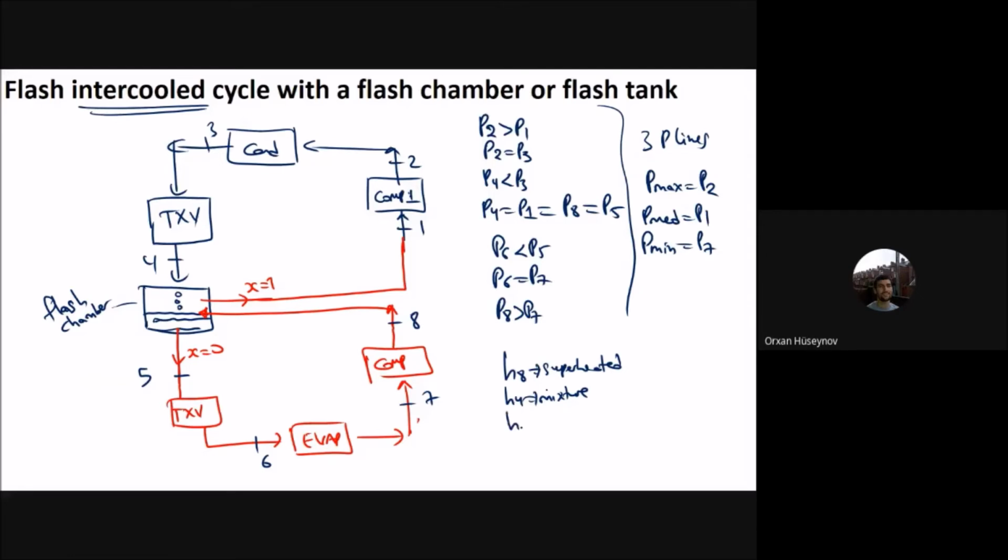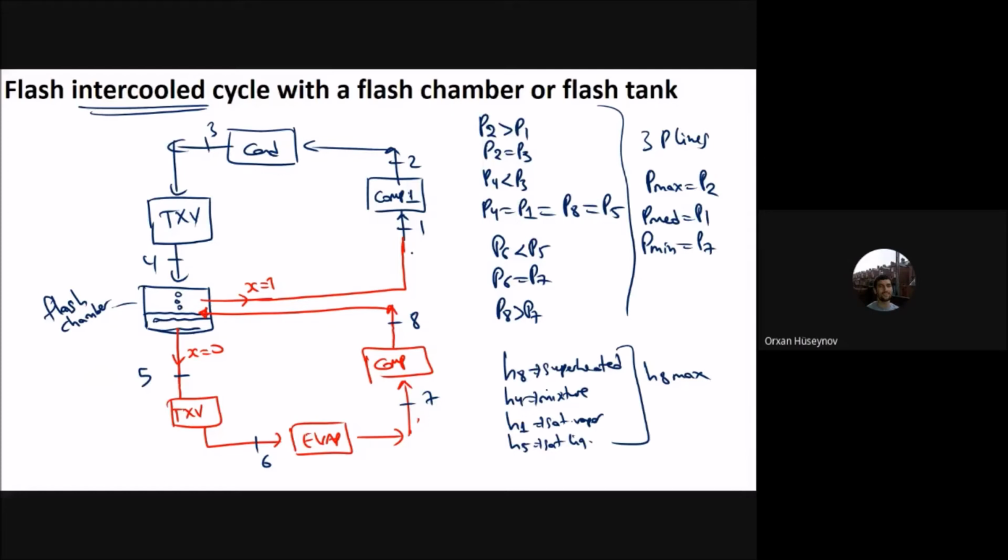H4 and H1 are saturated vapor, and H5 is saturated liquid. For these, H8 is the maximum. This one has the maximum enthalpy, and the other has the medium enthalpy here.